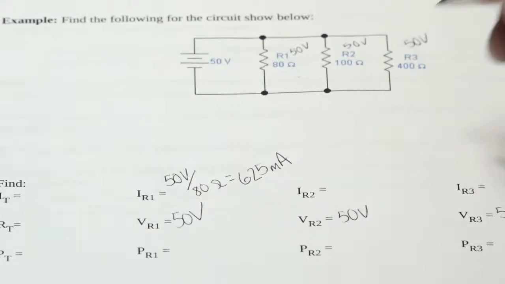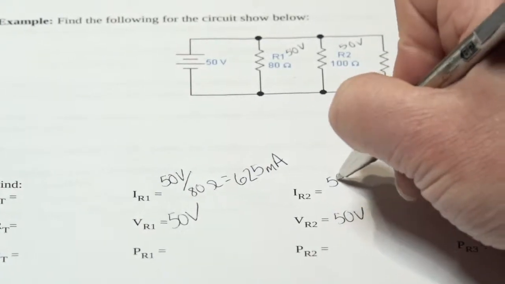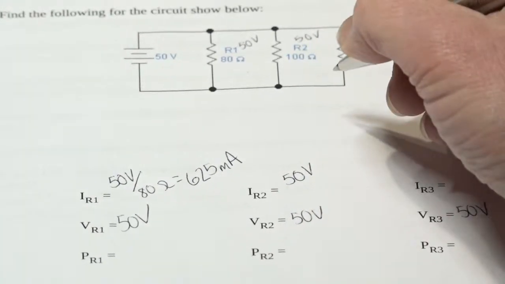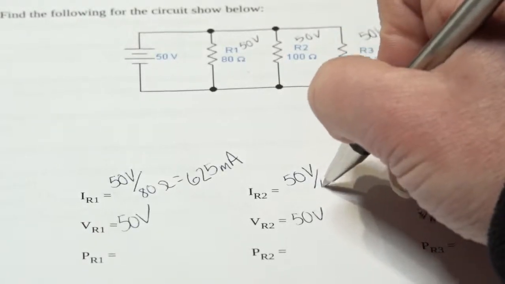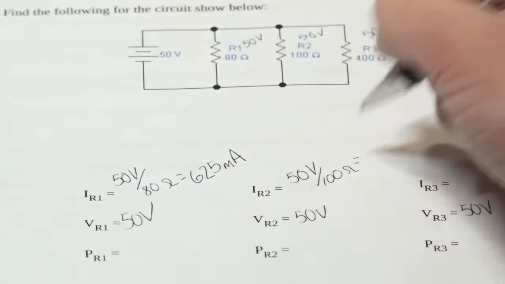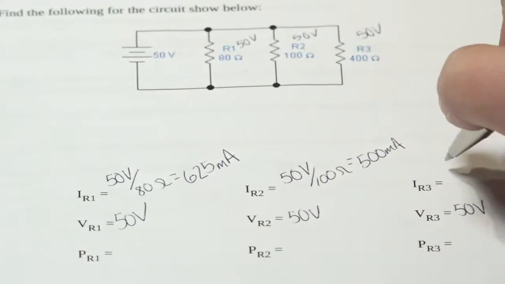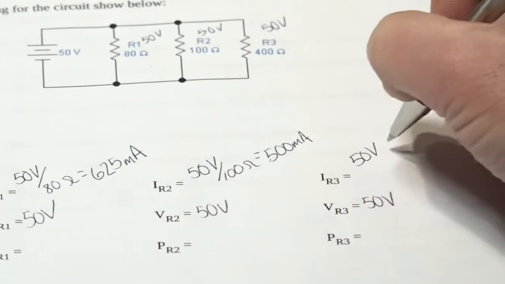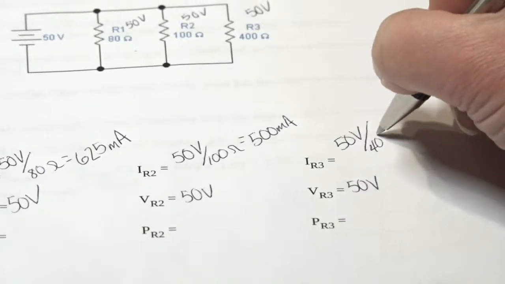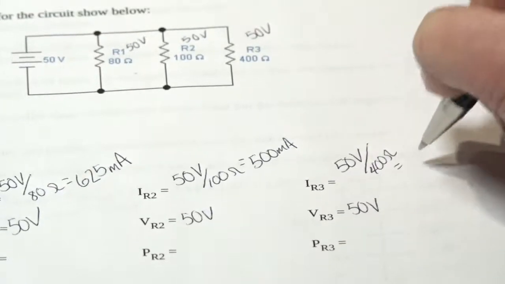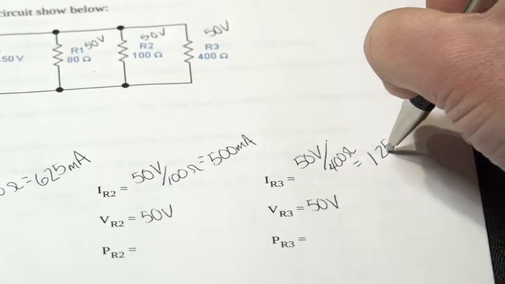If I take 50 volts and divide it by 100 ohms, that gives us 500 milliamps, and 50 volts divided by 400 ohms gives us 125 milliamps.